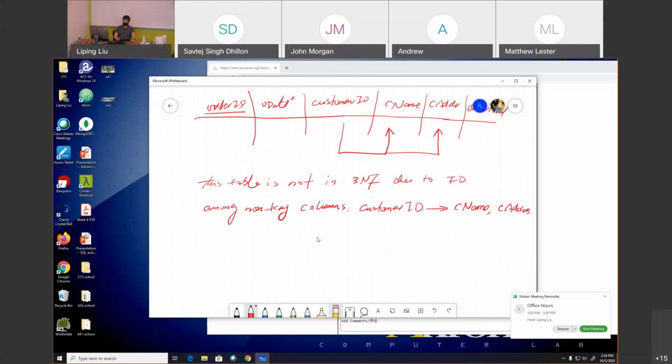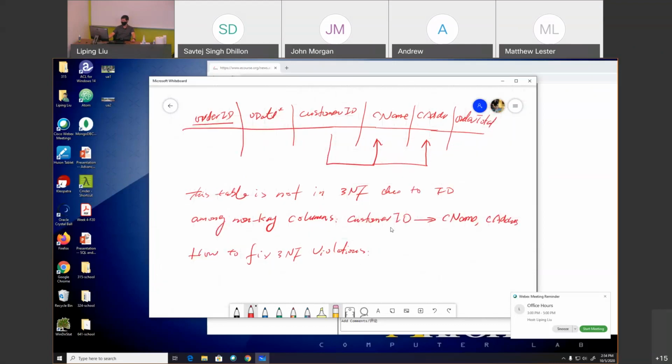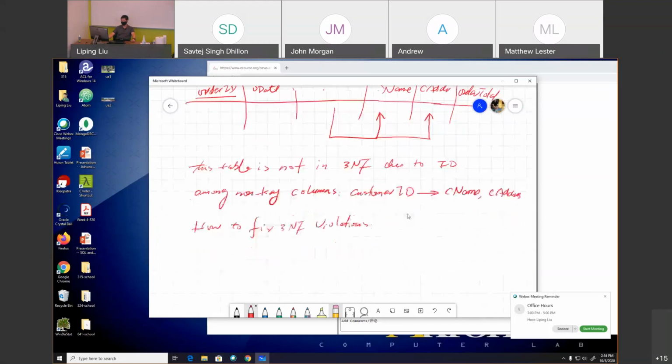Now, how to fix third normal form violations? Okay, so the procedure is this. First, you are going to use this non-key column dependency to make a new table. So in this case, customer ID will be the transitive determinant.